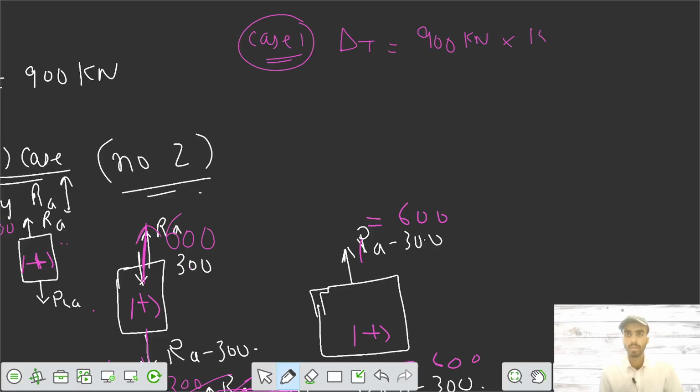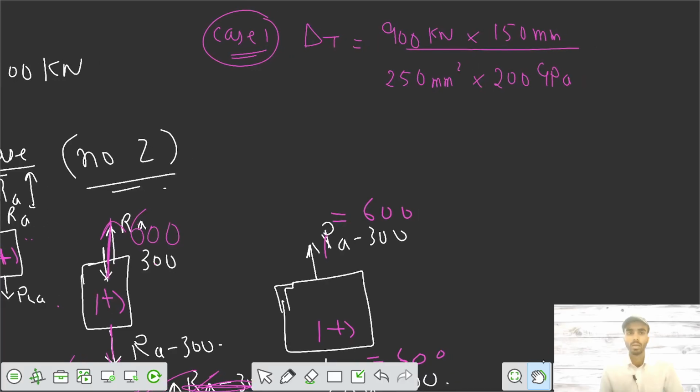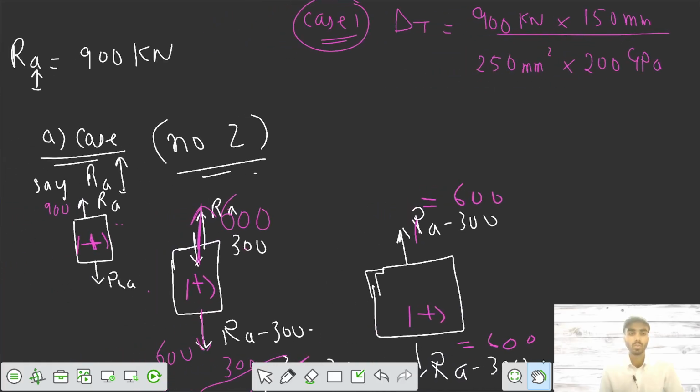L was 150 mm, L by area of cross section of the first part, which was 250 mm square, L by A E, E was 200 gigapascal. And this is tensile, so it is positive.